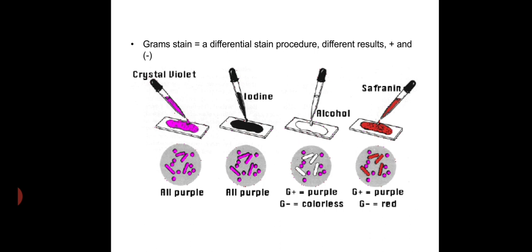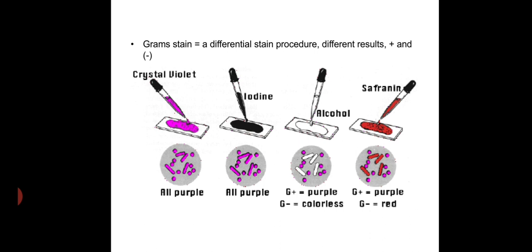Safranin is a red colored stain. So this staining procedure clearly indicated that bacteria are divided into two categories based on the outer covering.